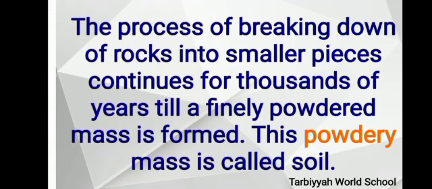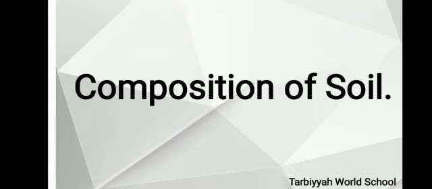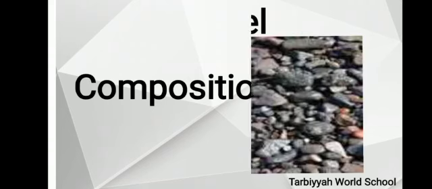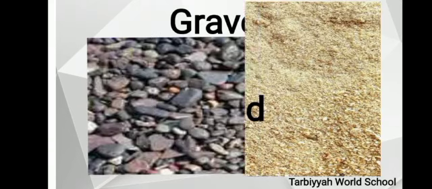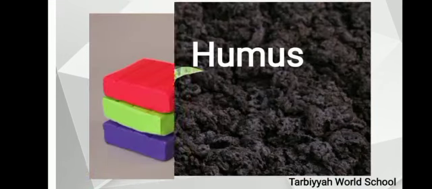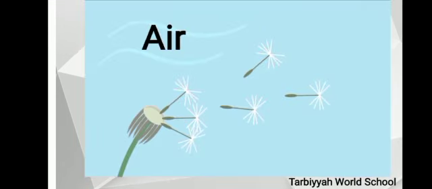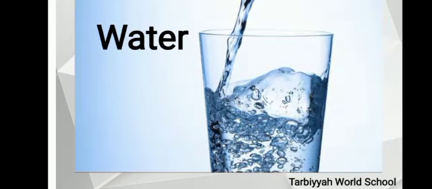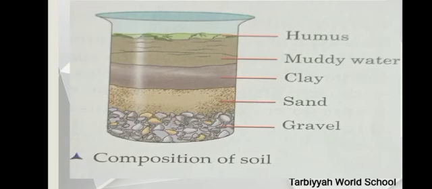Let's learn about the composition of soil. Soil contains many things. Soil is mainly made up of gravel, sand, clay, humus, air, and water. The bottom layer of soil is made up of small stones called gravel.